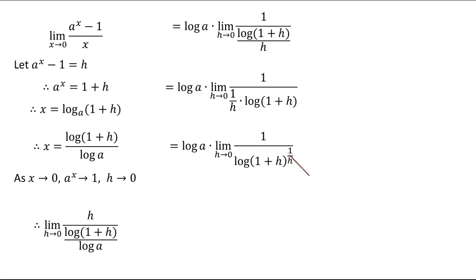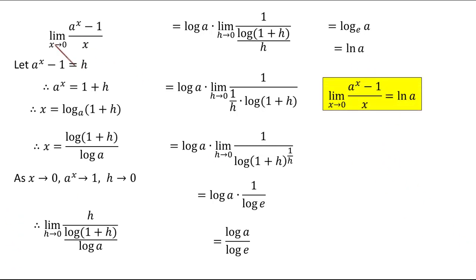So log of 1 plus h, the whole raised to 1 upon h. And what is this equal to? As h goes towards 0, 1 plus h, the whole raised to 1 upon h will become e. So this will become log of e. And this can be rewritten as log of a upon log of e. Remember, the bases are right now 10, or you can take any other base. But log of a to the base 10 upon log of e to the base 10 is log a to the base e, which can be written as natural log of a.